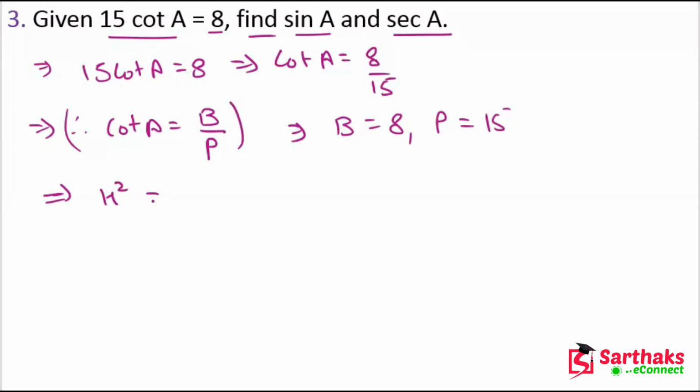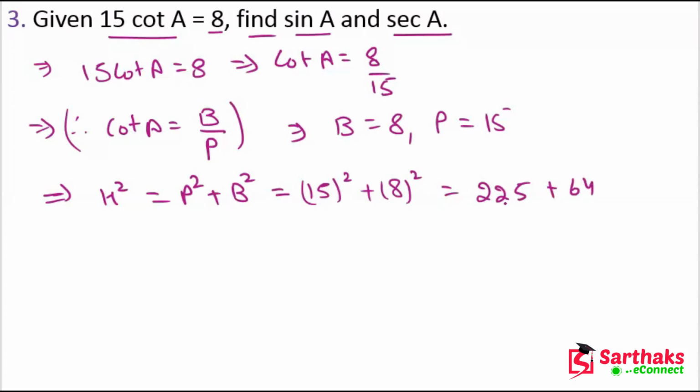With the help of base and perpendicular we can easily find the value of hypotenuse. Hypotenuse square is equals to perpendicular square plus base square, means 15 square plus 8 square. So this will become 225 plus 64.